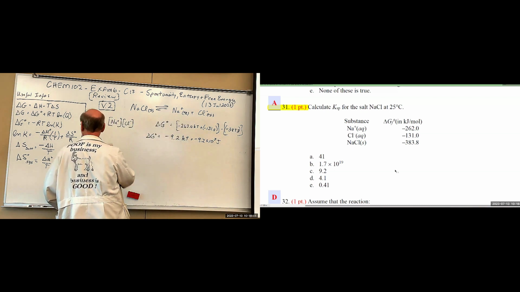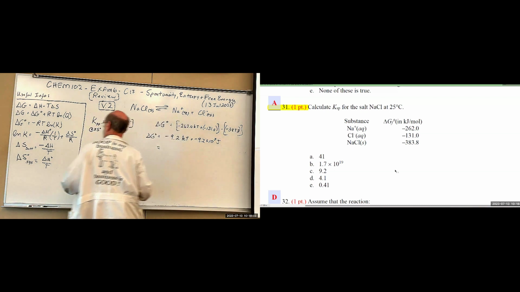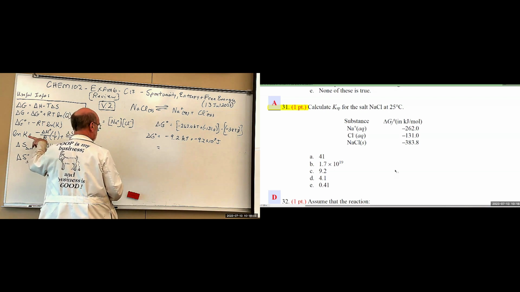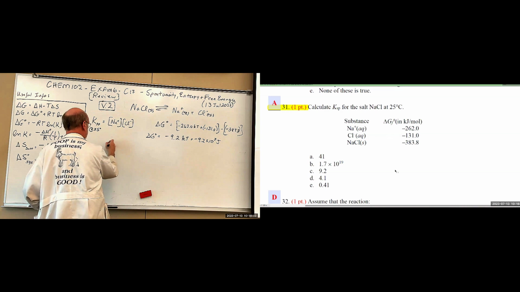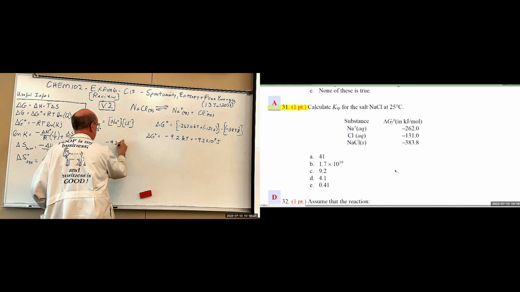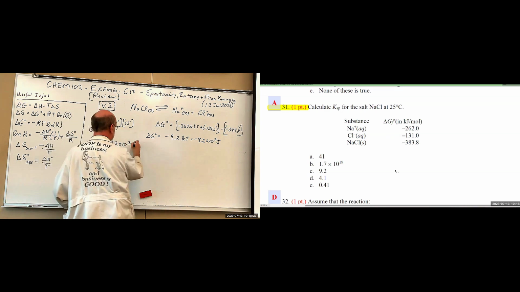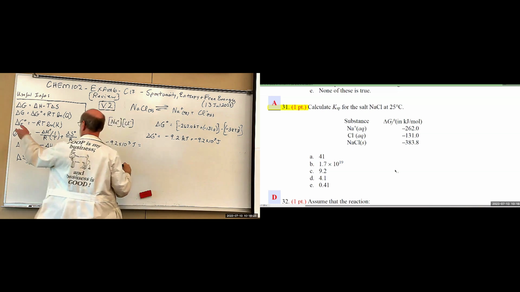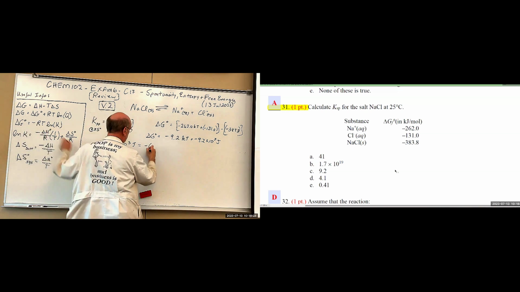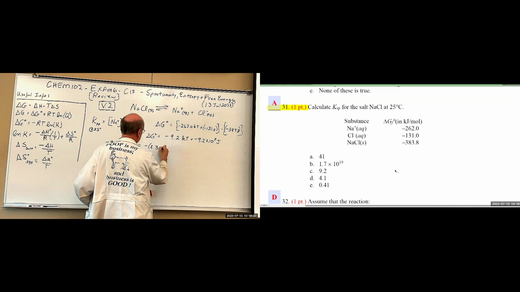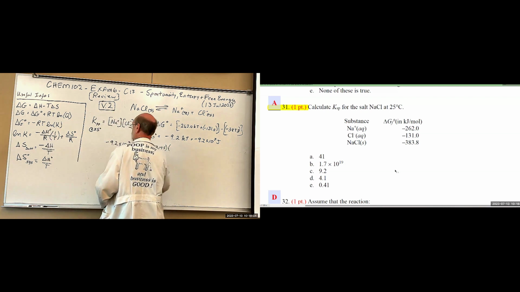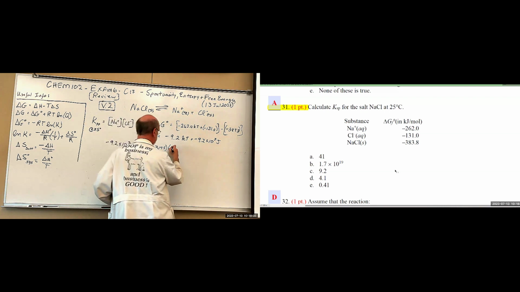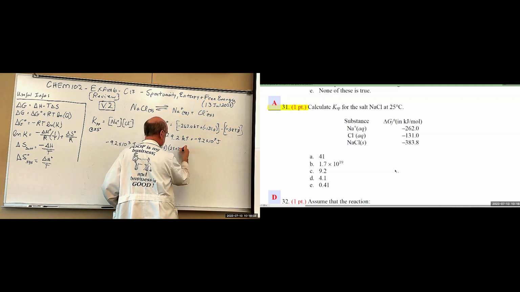Okay. So now, delta G, right in the middle here. Minus 9.2 times 10 to the third joules equals minus R, 8.3145 times temperature, 25 plus 273, right?